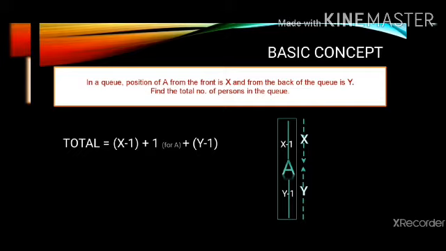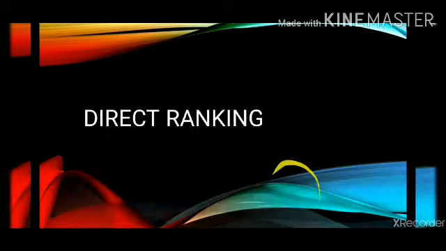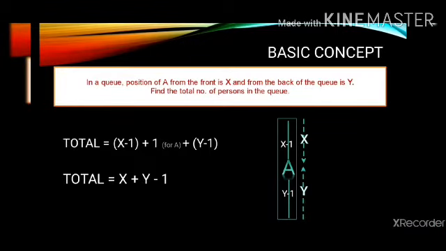And we have to count A once, therefore we'll add 1. When you solve this, you will get a similar equation, X plus Y, that is their positions from front and from the back, minus 1, because here also when you are taking X and when you are taking Y, you have counted A twice. Therefore I am subtracting 1 because I want to count A only once.